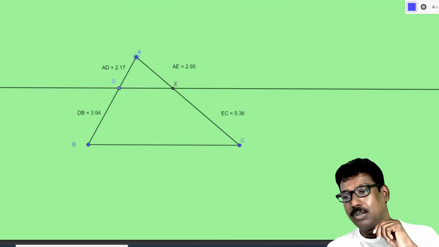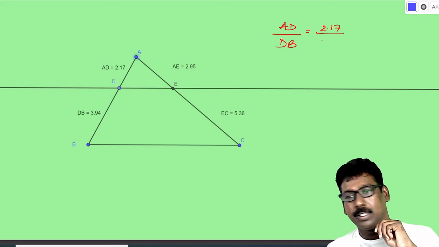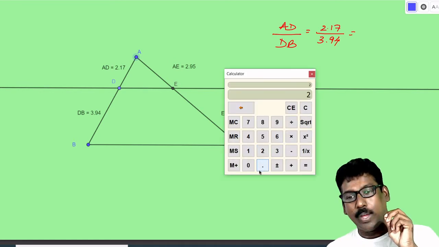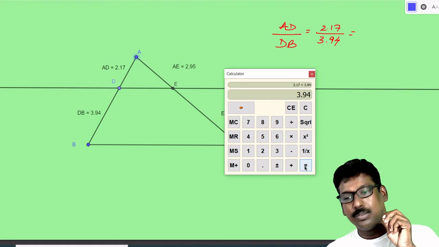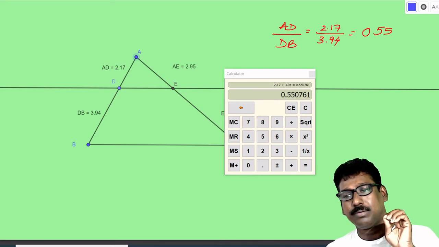Now let me find AD by DB, that is 2.17 divided by 3.94, which equals 0.550761, or corrected to two decimal places, you can write 0.55.